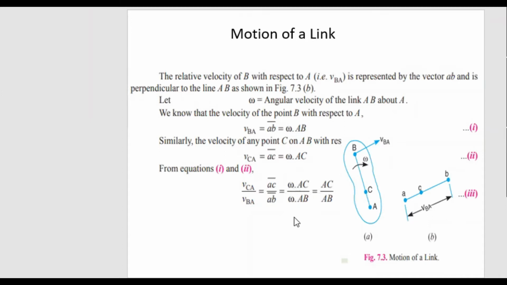So this omega and this omega will be removed, which would be equal to AC upon AB. So by the magnitude of the lines that you are drawing, we can find the velocity.